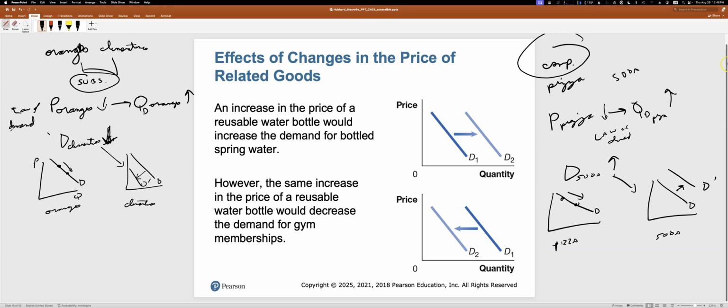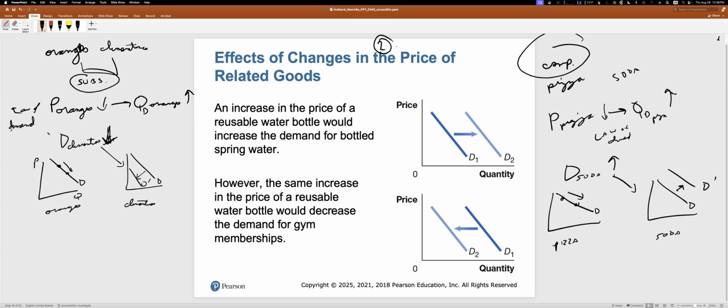So depending on the type of variable we have here, variable 2, whether that product is a substitute or complement will determine how changing the price of one good affects the demand for the other.